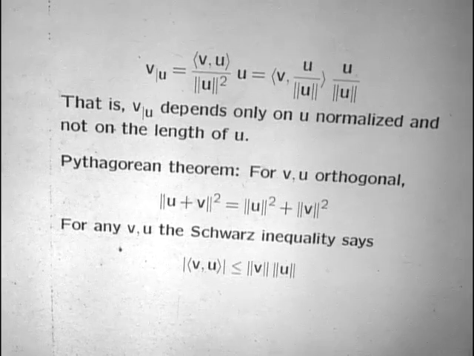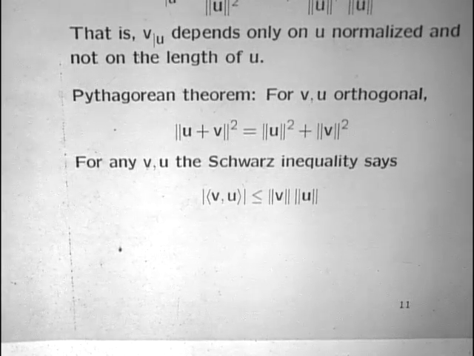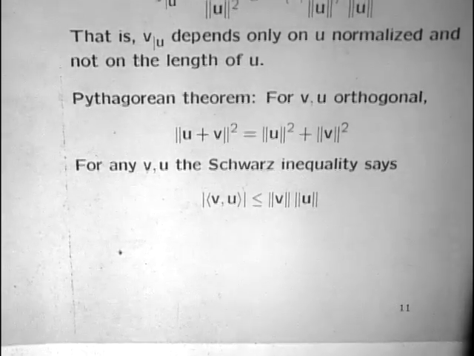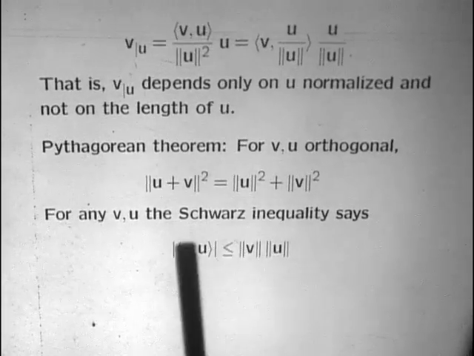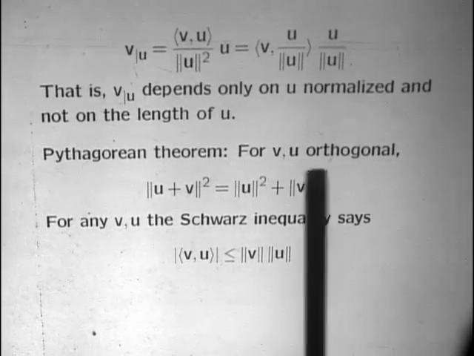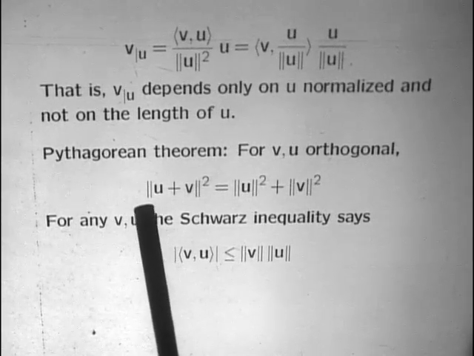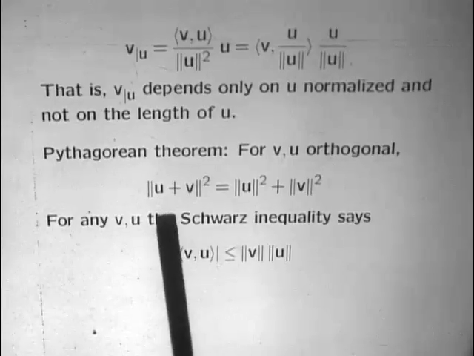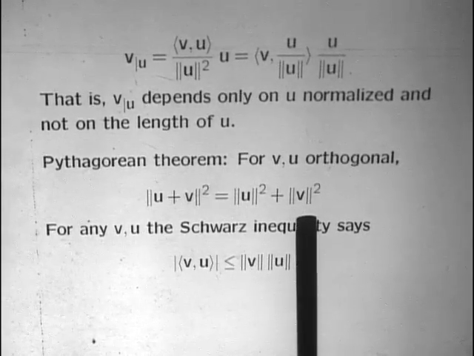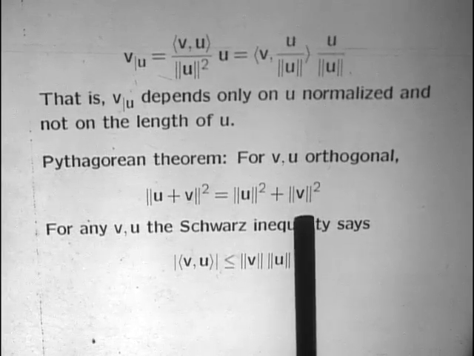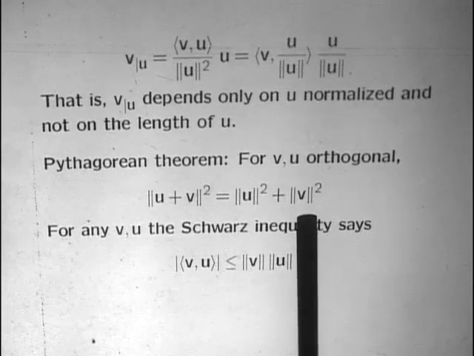Okay, the Pythagorean theorem, which doesn't follow from this, it's something else, but it's simple. And in fact, we can do it right away. It says if V and U are orthogonal, then the norm squared of U plus V is equal to the norm squared of U plus the norm squared of V. I mean, this is something you use geometrically all the time, and you're familiar with this.